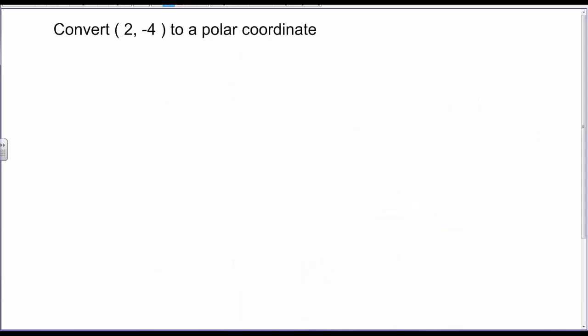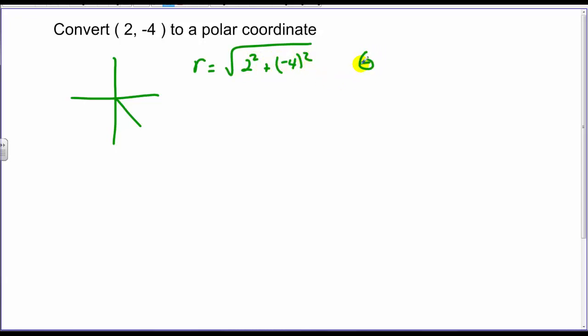So now I'll take and convert this rectangular coordinate into a polar coordinate. Let's think about this. 2 and negative 4 is going to be somewhere down in the fourth quadrant. So again, in order to convert that, I'm going to say r is equal to the square root of 2 squared plus the quantity of negative 4 squared, and theta is going to equal the arctan of obviously the y over the x value.